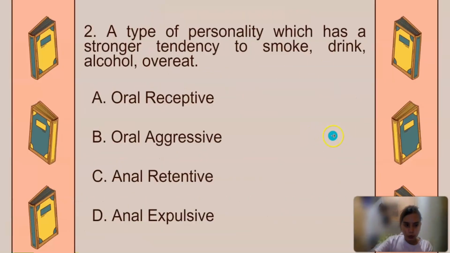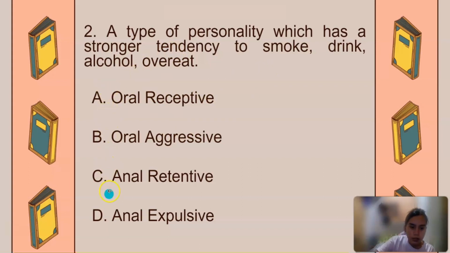Now let's proceed with question number 2. A type of personality which has a stronger tendency to smoke, drink alcohol, and overeat. Again, the question is a type of personality which has a stronger tendency to smoke, drink alcohol, or overeat.